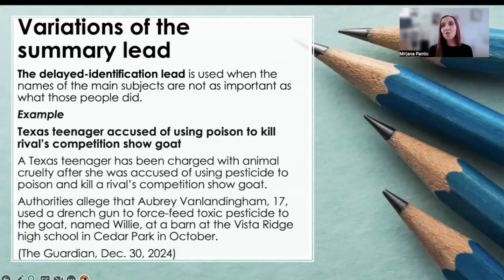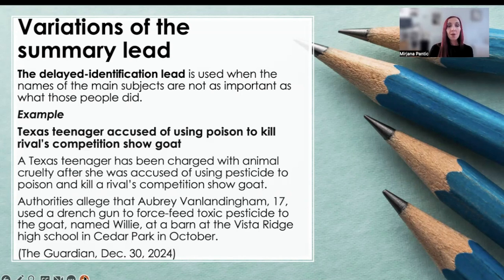You can identify them later if they're not important. If we're talking about prominent individuals, celebrities, people that others are aware of, then it's better to have their names in the lead of the story. So let's take a look at this example where we use what we call the delayed identification lead.